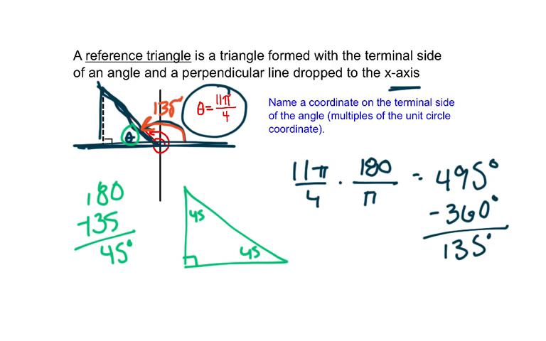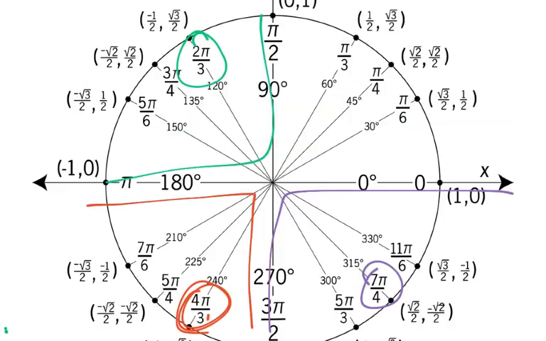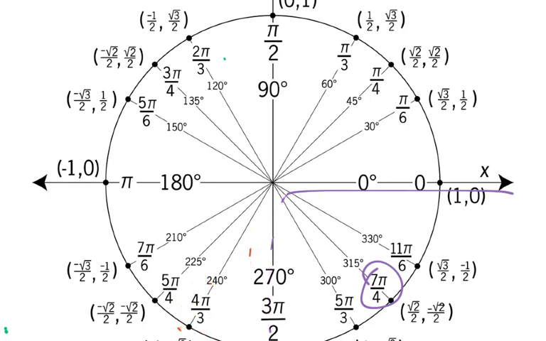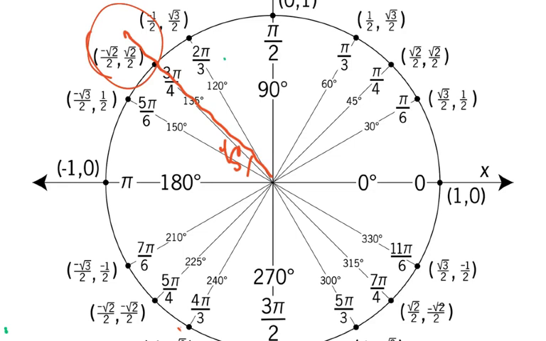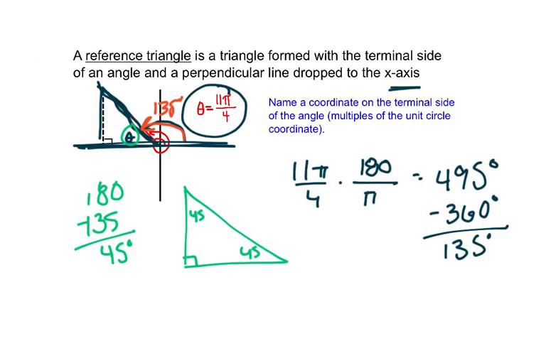And so if we reference our unit circle at a 45 degree angle going into quadrant 2, a point that could be on that line that we know of is going to be the one that goes through this point, right? Because this is 45 degrees here. So that means that this coordinate point, no matter what line is happening, if you have a 45 degree acute angle, is going to be negative square root of 2 over 2, comma square root of 2 over 2.